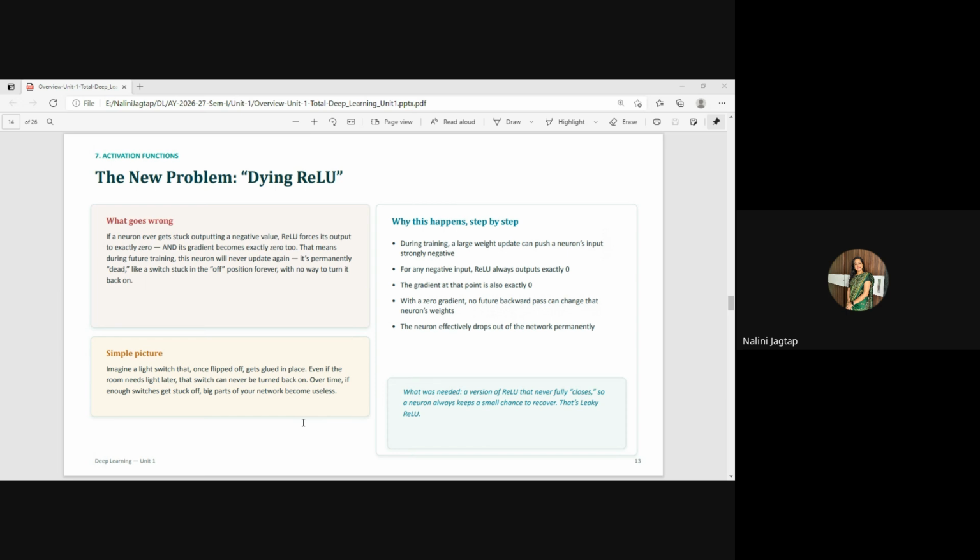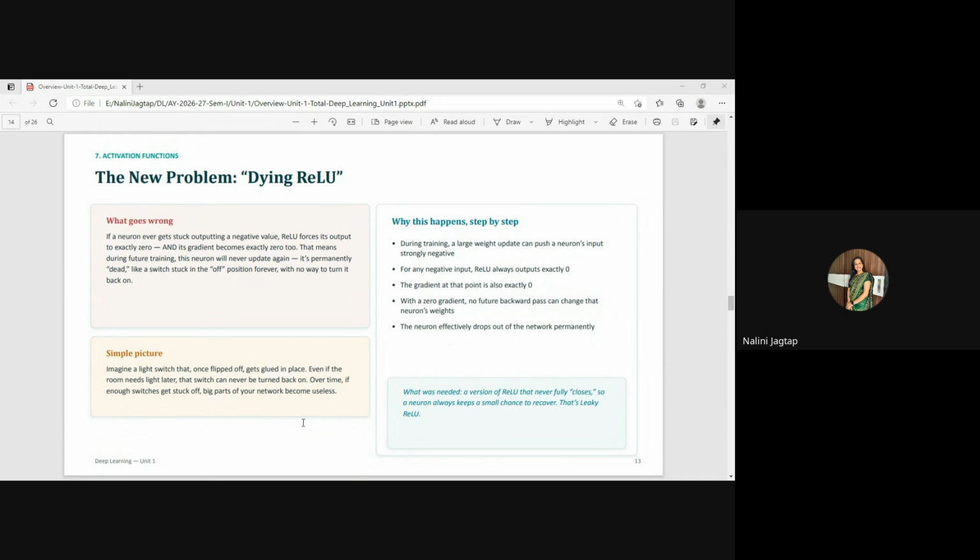Again, I will repeat, so what happens? I will tell you the exact problem. During training, a particular neuron's input gets pushed strongly negative. From that point onwards, ReLU's rule guarantees that this neuron will output exactly zero for that input. And that's the critical detail: its gradient will always be exactly zero.